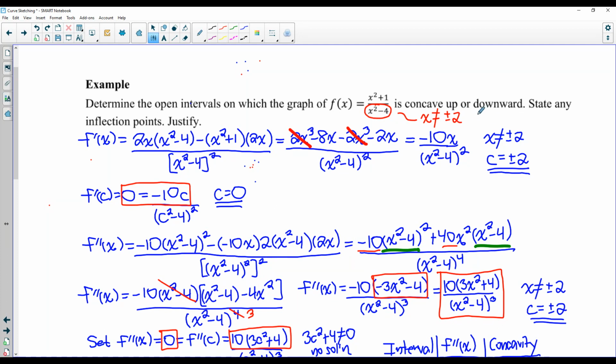So we'll say x equals plus or minus 2 are vertical asymptotes, not inflection points. So there actually are no inflection points on this graph.